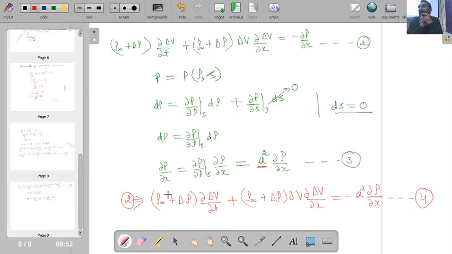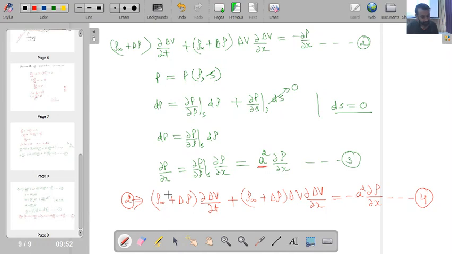Another known property can be the speed of sound, a naught infinity square, corresponding to the stagnant fluid medium, because that is a known parameter to us. We know the properties of the stagnant fluid, but we don't know what happens to the properties when the wave is propagating. That is something we want to predict.